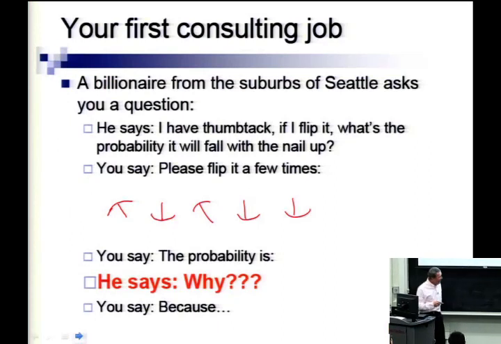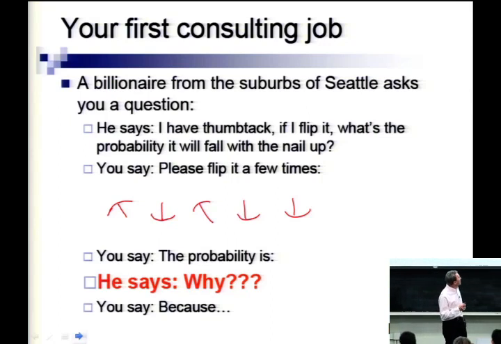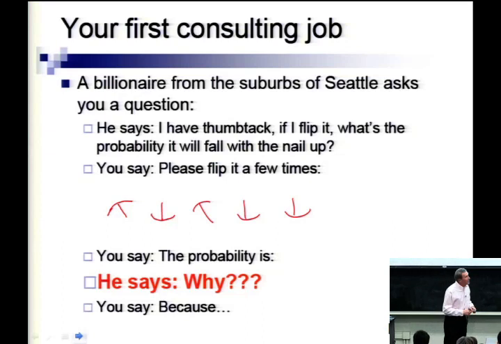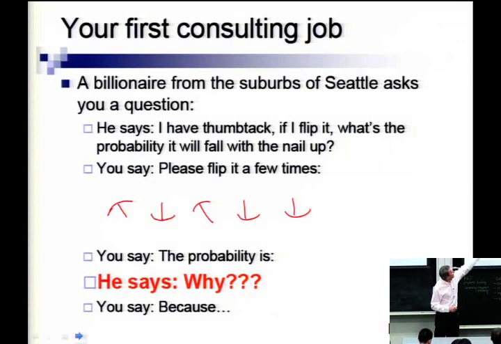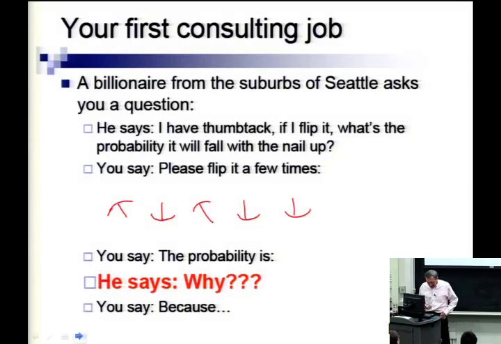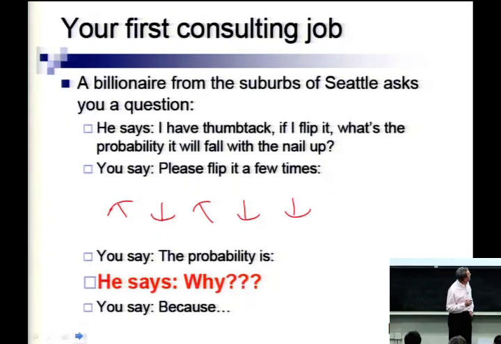So this slide, which I borrowed from my friend Carlos Guestrin, tells this tale in some kind of mysterious story that involves a billionaire in the suburbs of Seattle who has a thumbtack like this, and he flips it and he wants to know, given these experimental outcomes in 5 different random flips, what's the probability that the thumbtack the next time it's flipped will end up point up versus point down.